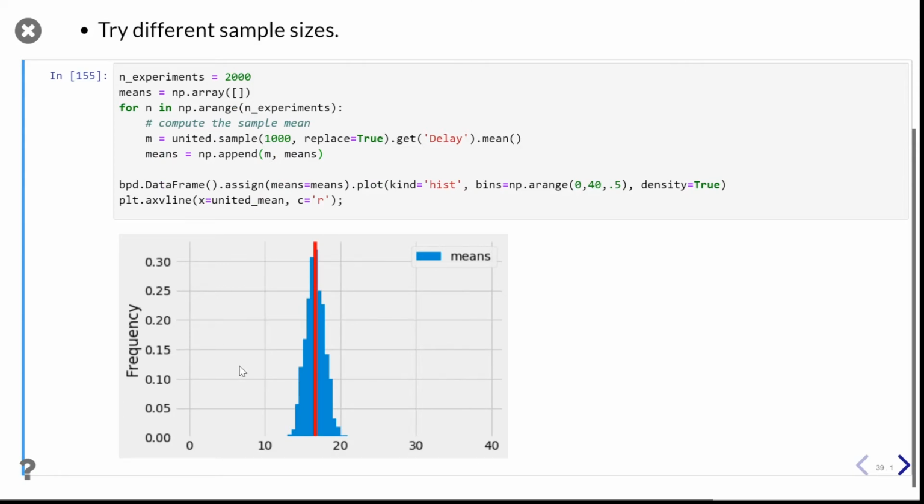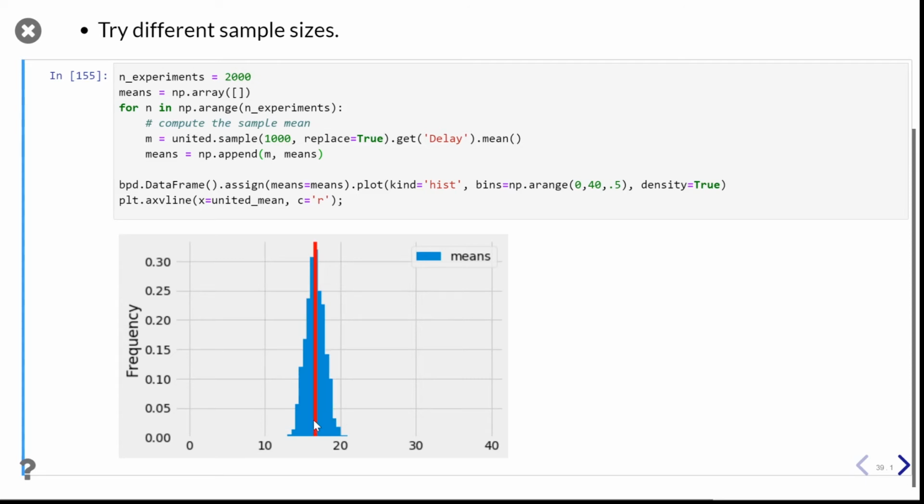This distribution shows me the results of my experiments; I ran a bunch of experiments here. Now in practice, I would usually only do this once, remember. I would only run one experiment, but here I did the experiment 2,000 times. And what I see is that most frequently, the result was pretty close to that red bar. The red bar is the population mean. It's the right answer.